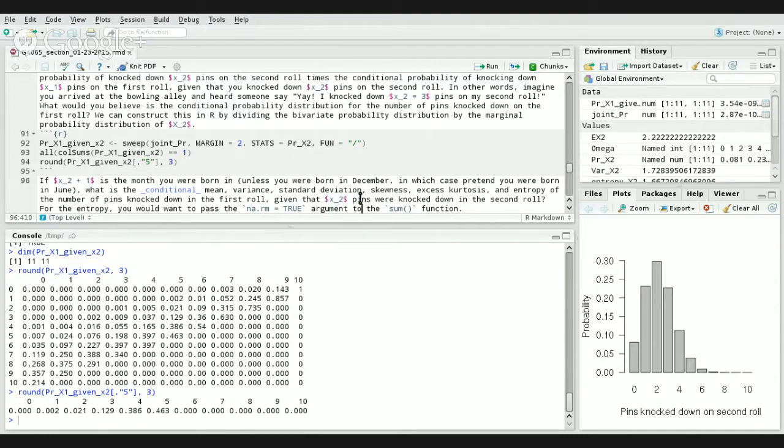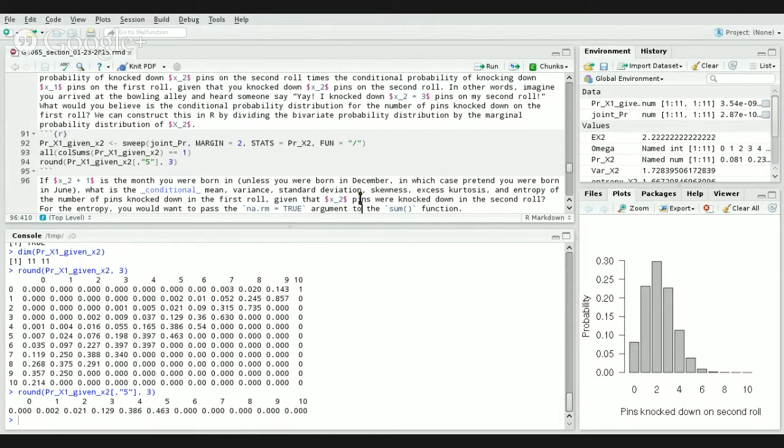However, the limit of x times the logarithm of x as x approaches 0 from above is 0. So by continuity, we define 0 times log 0 as being equal to 0. And by excluding the NAs, you basically treat those as being 0.